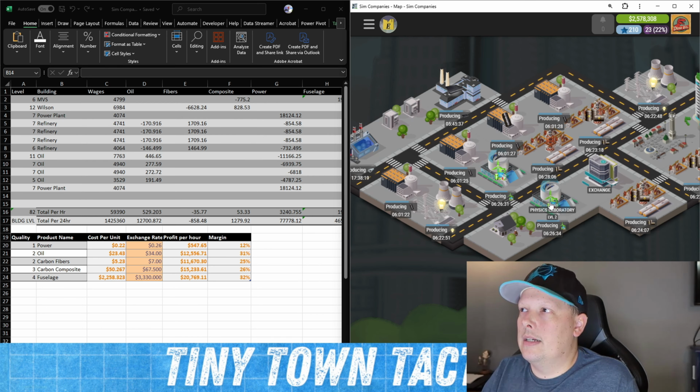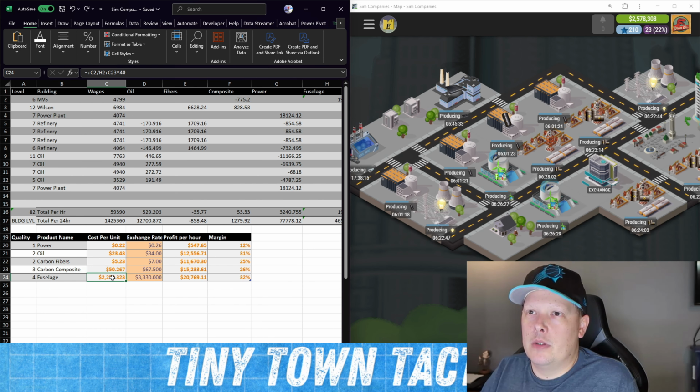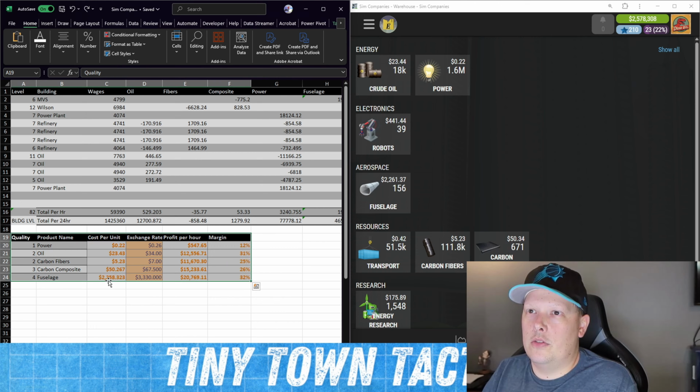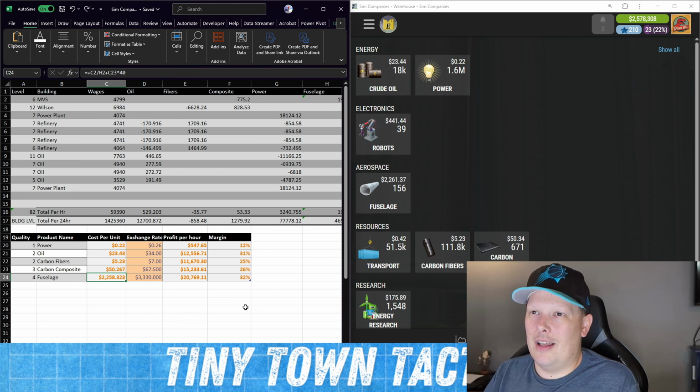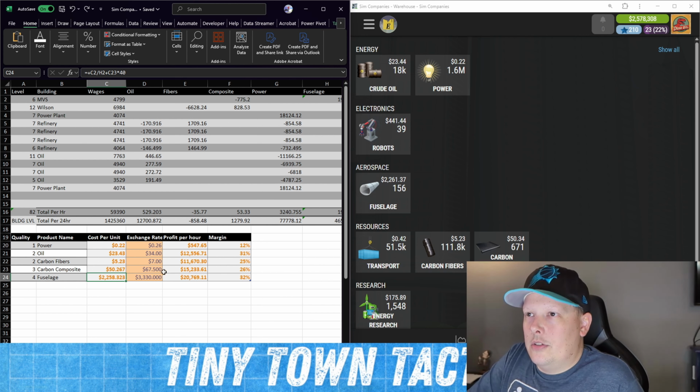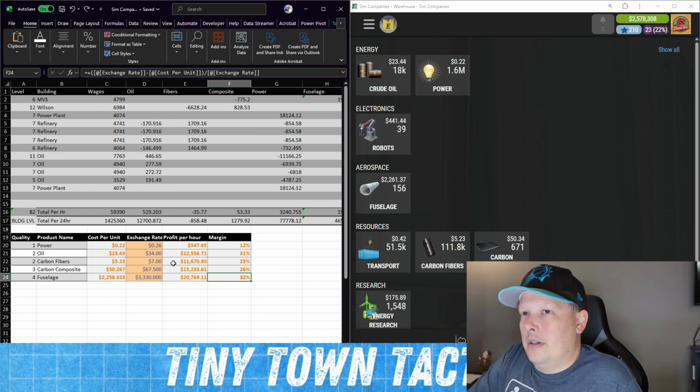I'm producing fuselage. This is calculating how much it costs me to produce my fuselage. 2258. It's always a little bit less than what the game has, because I don't know.